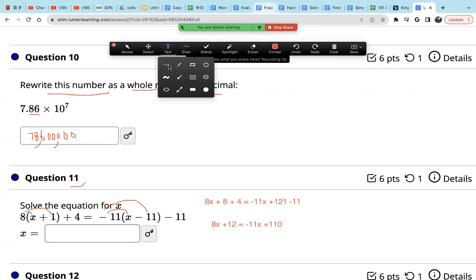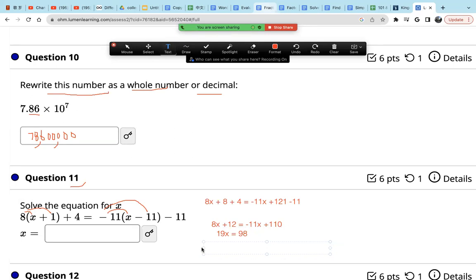Now we add 11x on both sides. AX plus 11x, that's 19x, equals 110 minus 12. So 110 minus 10, that's 100. 100 minus 2, that's 98. Then 98 divided by 19.